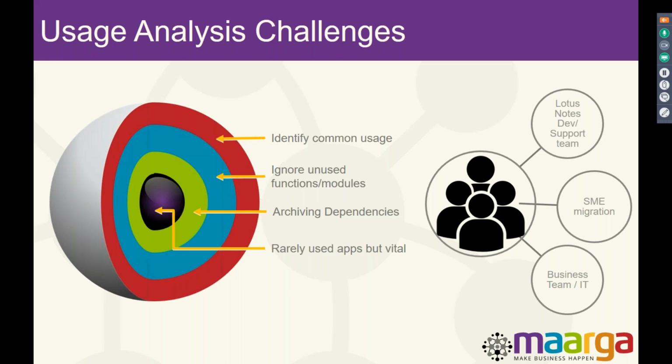And also we need to make sure of the archiving dependencies. This is definitely a challenge for Notes people. While archiving, we need to archive the dependencies as well, so that the links do not get broken when we actually access the records.